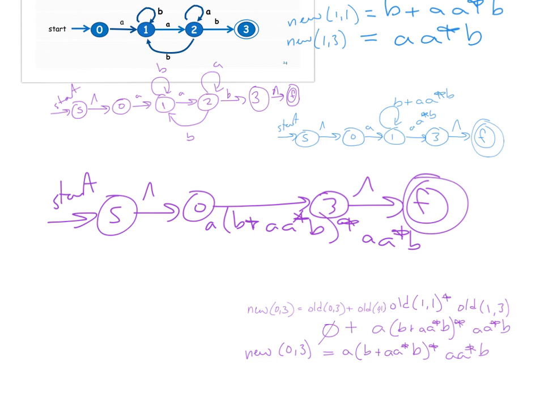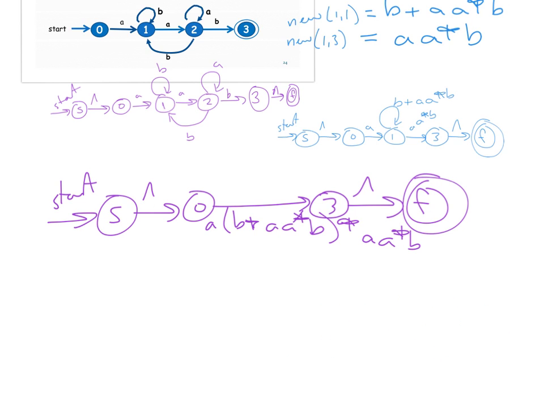Alright, so let me clean this up a little bit just so we have some more space. Now we need to pick another state to eliminate. We could eliminate state 0 or state 3. Why don't we eliminate state 0 first? So, who goes via 0? Looks like the only one to go via 0 is S goes via 0 to 3.